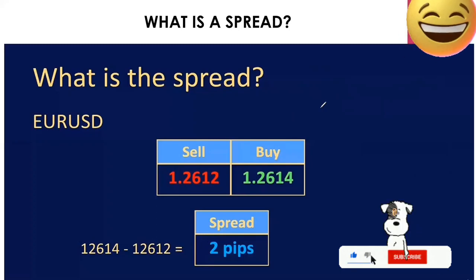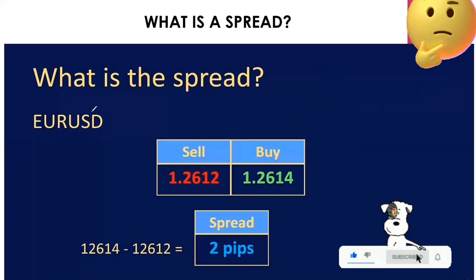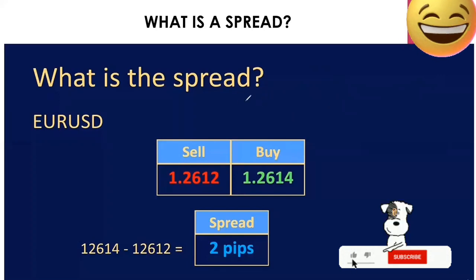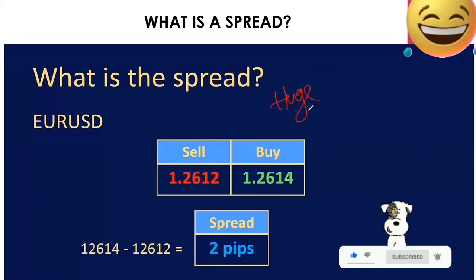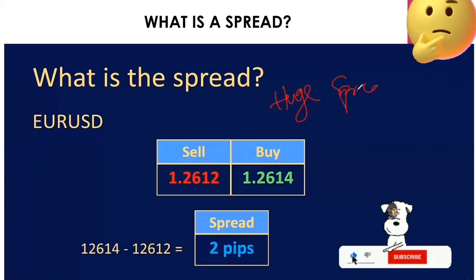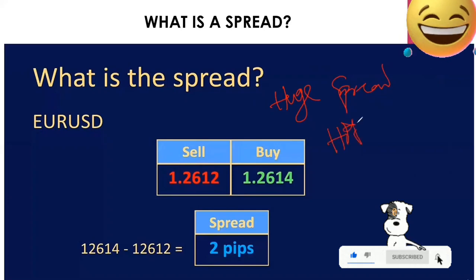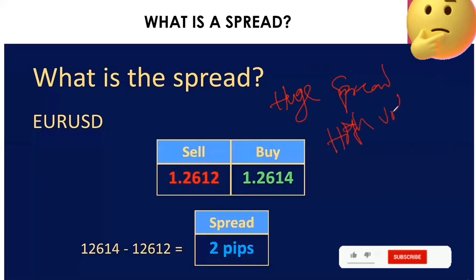Remember I told you the busiest are the London and New York sessions. So whenever the busiest are going to sleep, you should expect a huge spread. But whenever the market is so busy and there's high volatility, the spread is always going to be very tight.